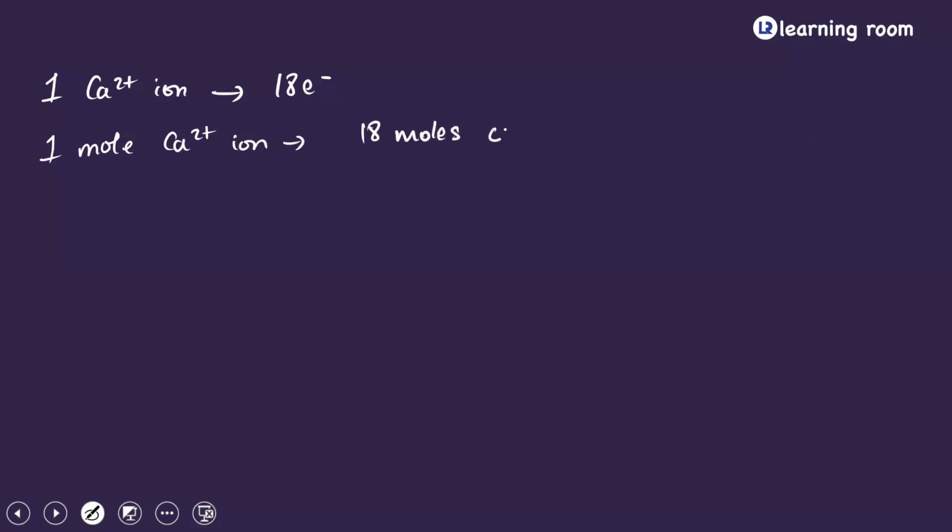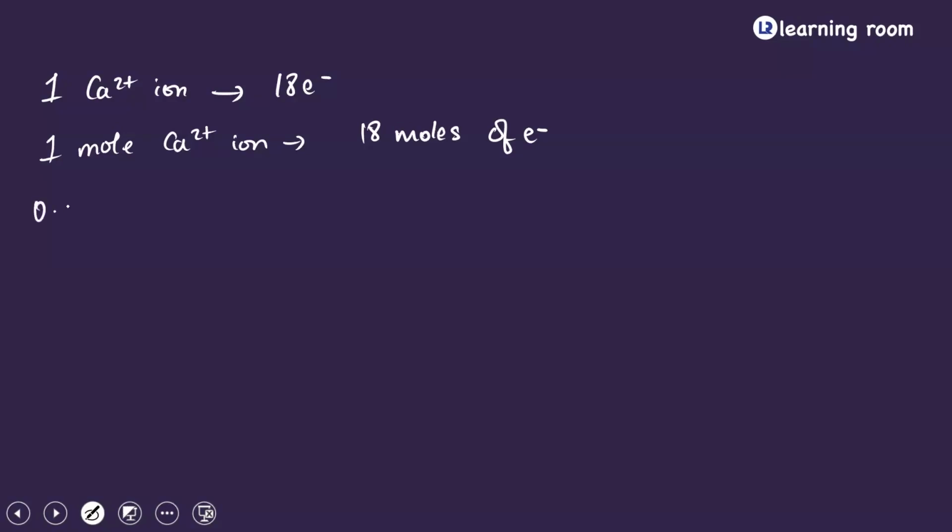Okay, listen. What is the thing that we saw? We found out that one calcium ion has how many electrons? 18 electrons. So 1 mole of calcium ion will have 18 moles of electrons, which is 18 into 6.023.